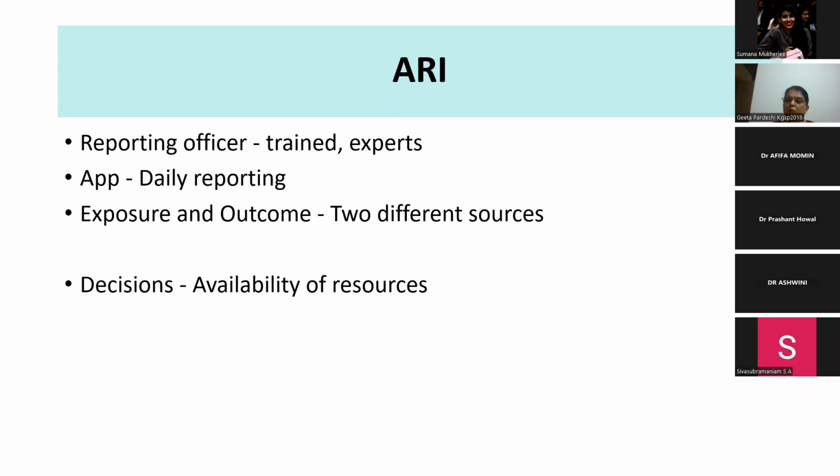So this reporting was done by trained persons, by the clinicians, by the experts. An app was used for daily reporting, and the exposure and outcome were from different sources. So all these are strengths, but one possible limitation could be: did the availability of resources affect certain decisions like nebulization or non-invasive or invasive ventilation?